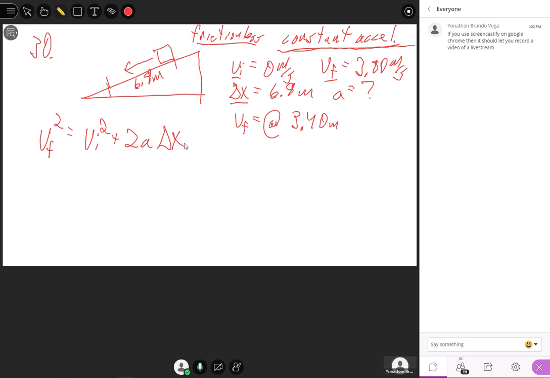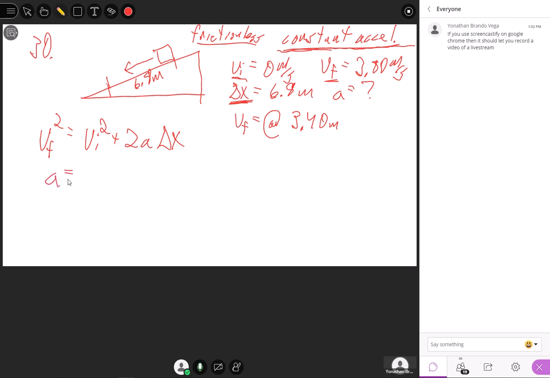Now, how do I know to use that? Well, it says it's constant. This is a constant acceleration equation. There's my initial velocity, there's my final velocity. After it has traveled, its change in displacement is 6.8 meters. So I can find A. Now, I'm going to solve it for A.